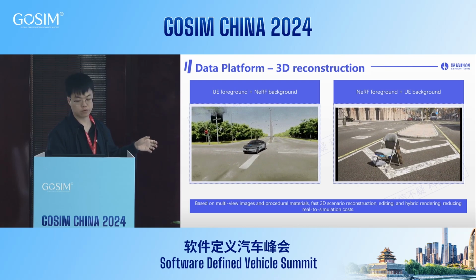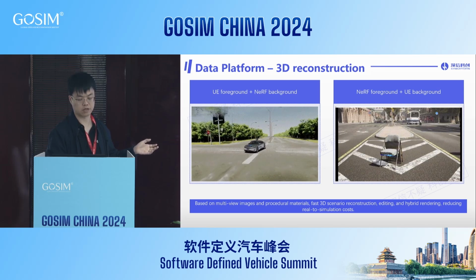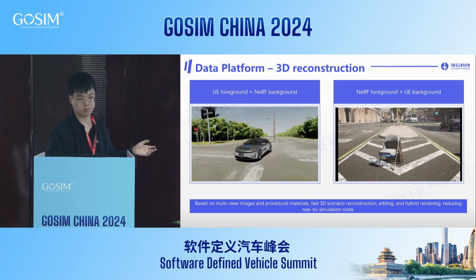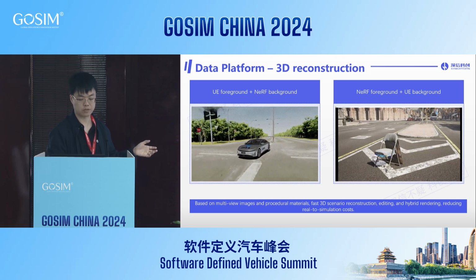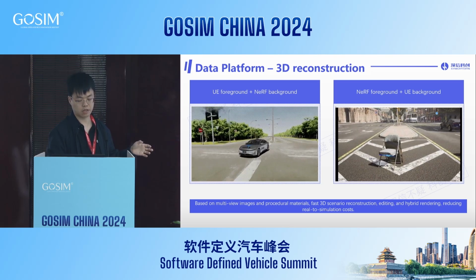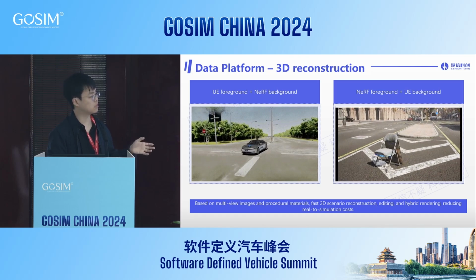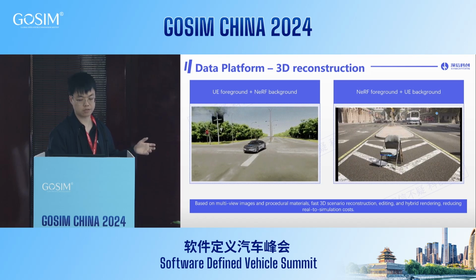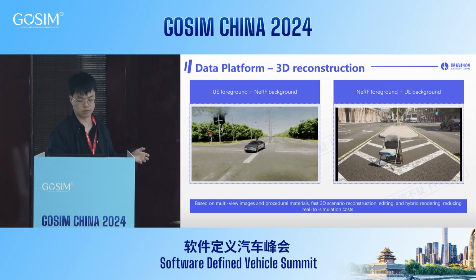But another way of doing that is by utilizing the current methods on neural radiance fields or 3D Gaussian splatting, which directly reconstruct the 3D environment from multi-view camera images. Based on posed multi-view images, these methods can give you pretty exact reconstructions of the environment.